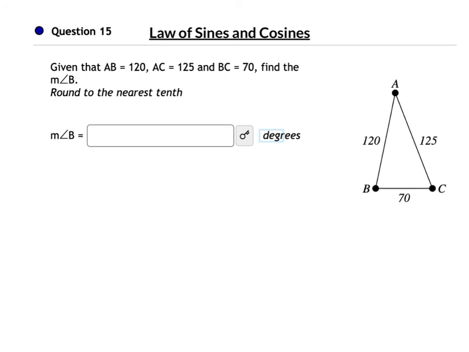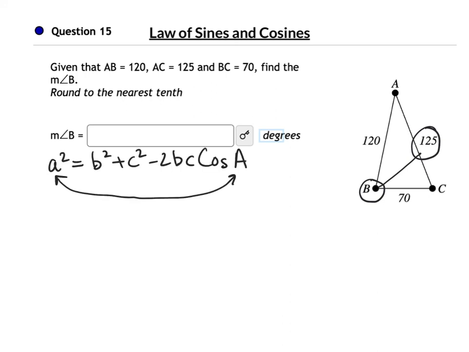Last example here. This is the case where we have all three sides. We can find any angle we need. This time we're going to find the angle B. Remember that we start with the two that are opposite each other. We are going to end with the cosine of B, and we're going to start with 125 squared, the side opposite.